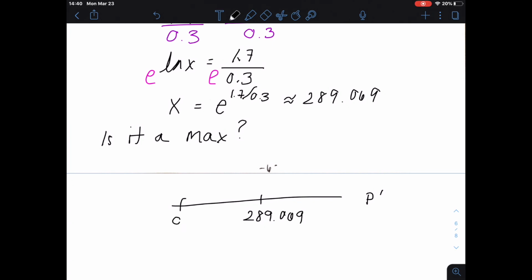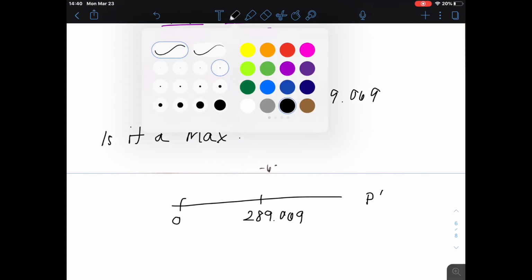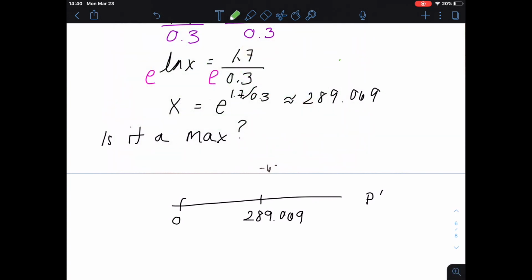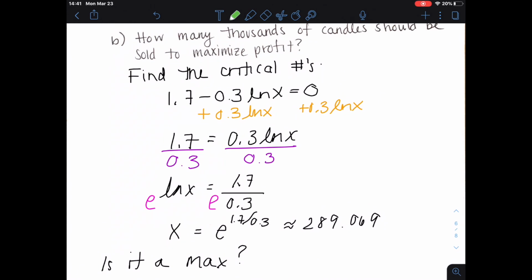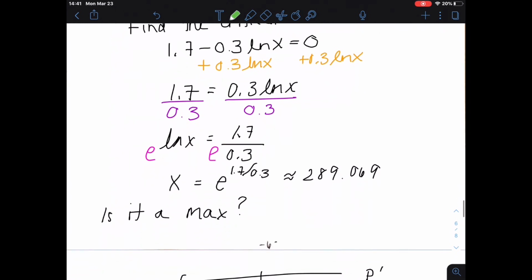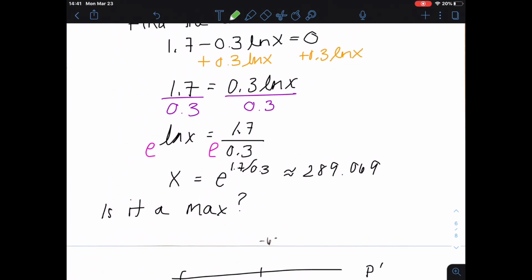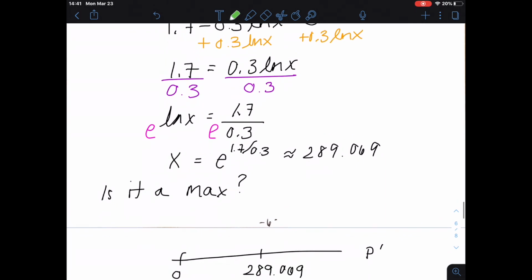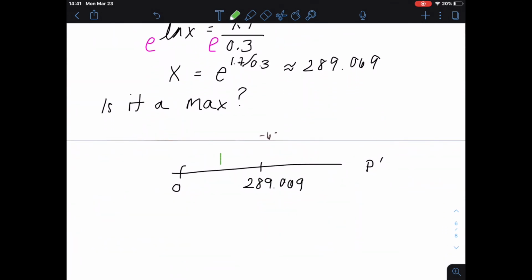So you really don't care what happens below 0, although this is where a vertical asymptote occurs. If you plug in, say, 1 into this function, 1.7 minus 0.3 natural log of 1. Natural log of 1 is 0, so you get something positive. So that tells you the derivative is increasing. And if you test anything over here, you're going to get the derivative is negative, so it's decreasing. So yes, it is a max.